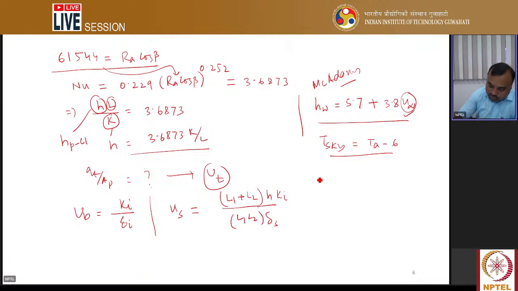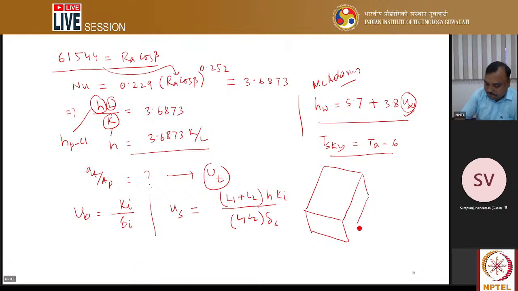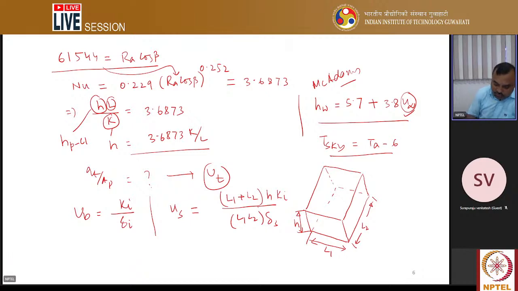If I have to draw this, it will be something like this. This may be H, this may be L1, and this may be L2.